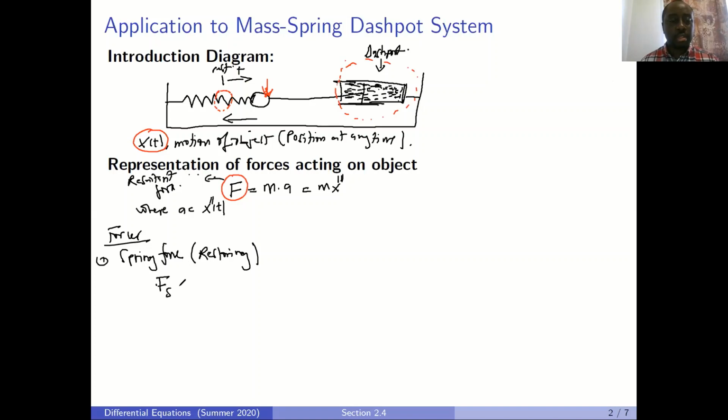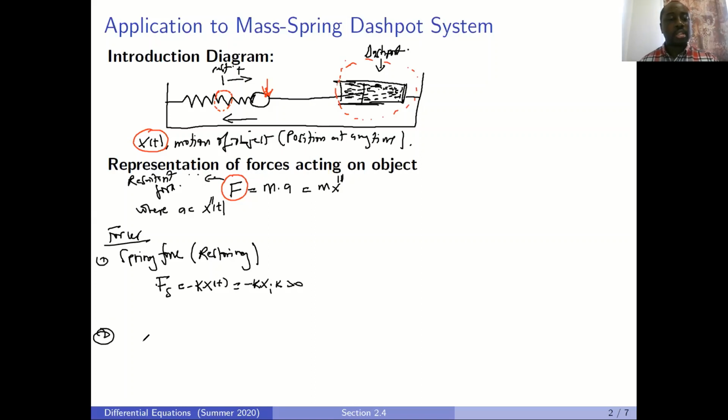So I'll call this Fs, right? And this force will be, since it's directly proportional to the displacement, minus some constant, let's call this constant k, times the degree of displacement, which is x(t) in this case, right? So since x is measuring the displacement from rest, it is exactly how much deformation we have subjected the spring to, right? So this is how we're going to model our spring force, minus kx, where my k is positive.